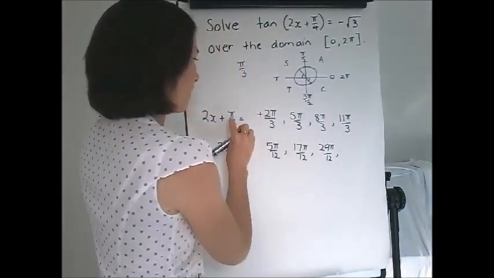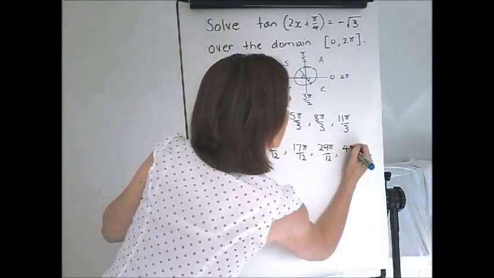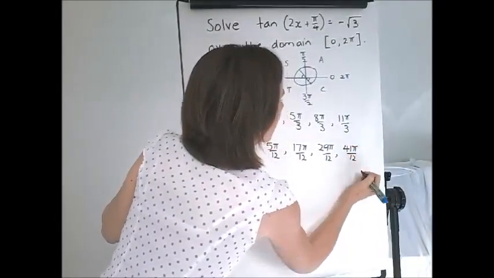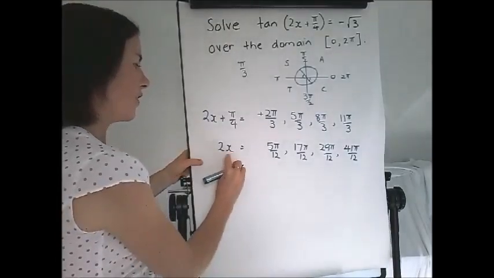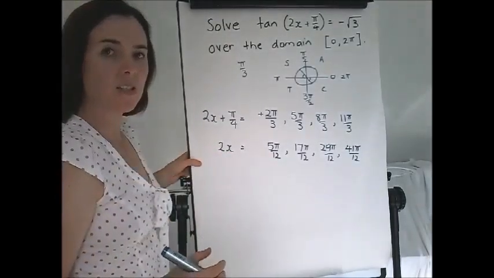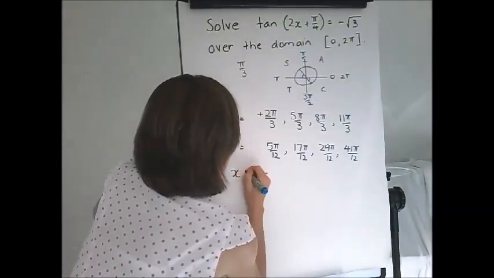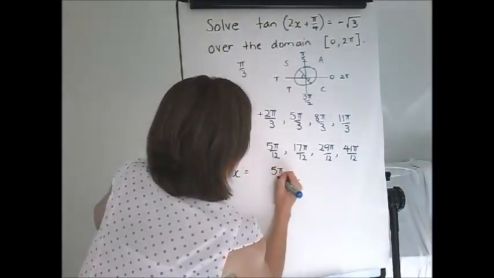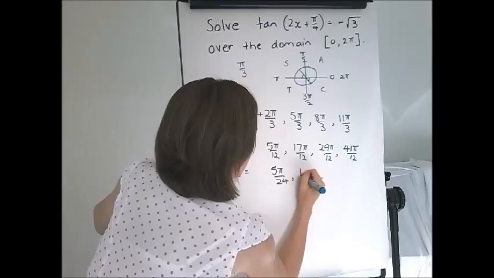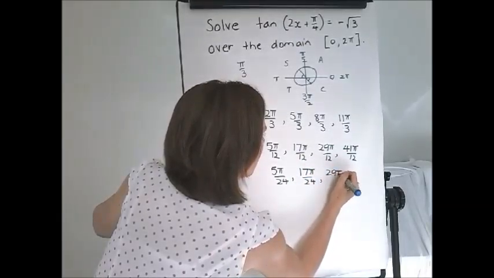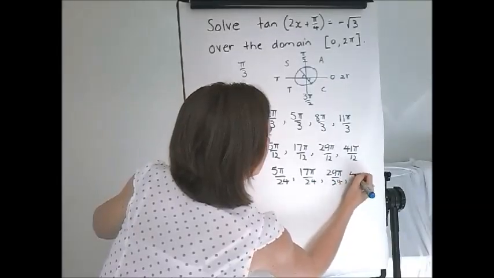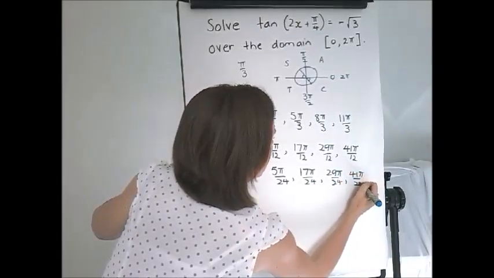And 11 pi on 3 minus pi on 4 is 41 pi on 12 from the calculator. Now divide the 2 away because we are trying to solve for x. So x will be 5 pi over 24, 17 pi over 24, 29 pi over 24, and 41 pi over 24.